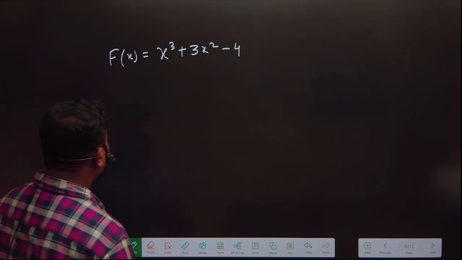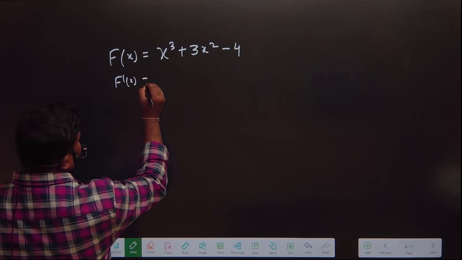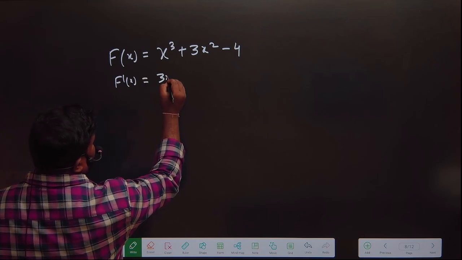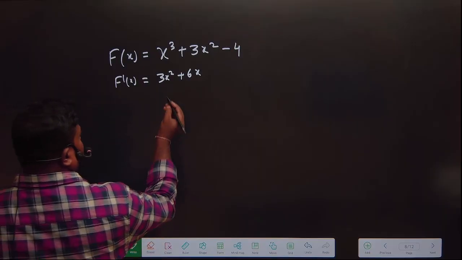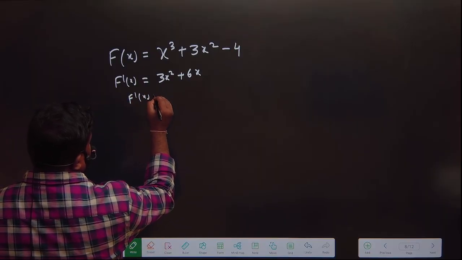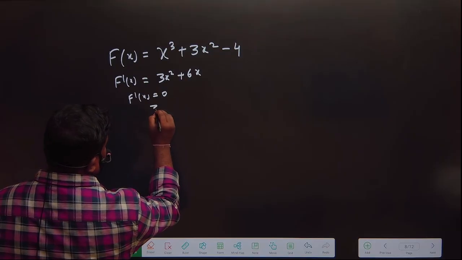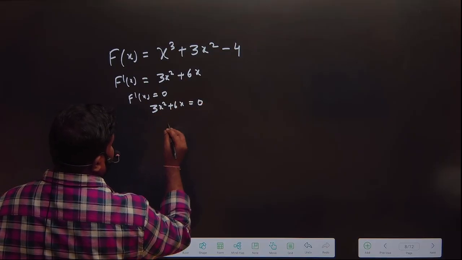Now do the same thing. F dash of x, find the first derivative, that is 3x square plus 6x. Do the same thing, f dash of x equals 0. It means 3x square plus 6x equals 0.